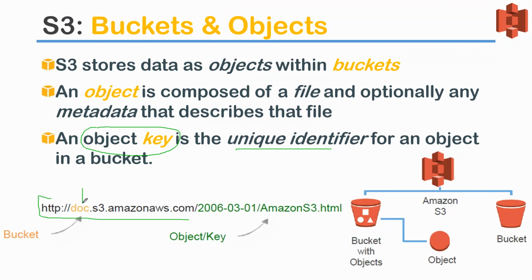The first part, the orange color that you see, is nothing but the bucket name. So if you're creating a bucket called Valaxy Infotech, the URL will be something like http://valaxyinfotech.s3.amazonaws.com, followed by the object key, whatever name of the object that you are creating. This URL is almost standard, and any object that is getting uploaded will look similar to this.